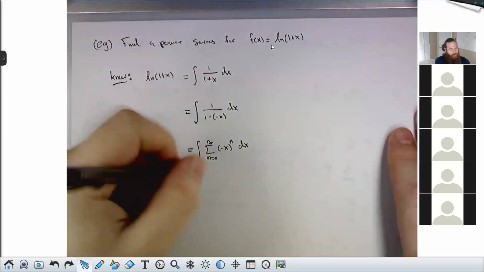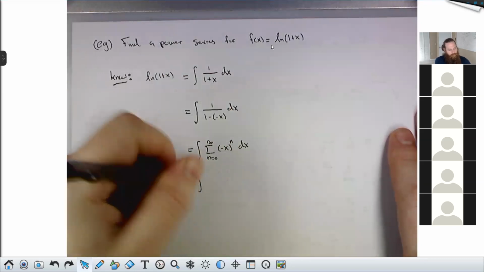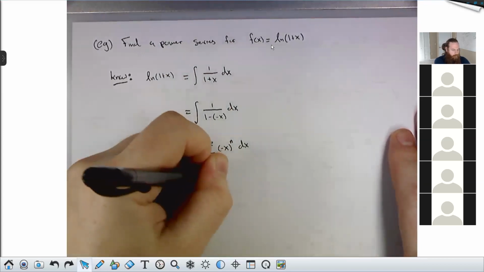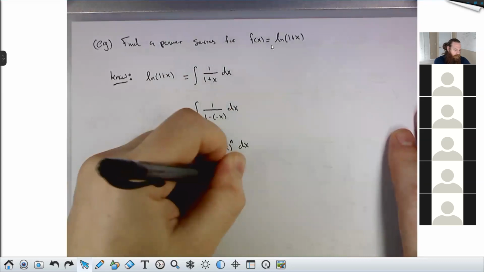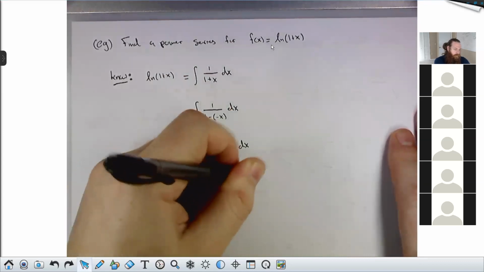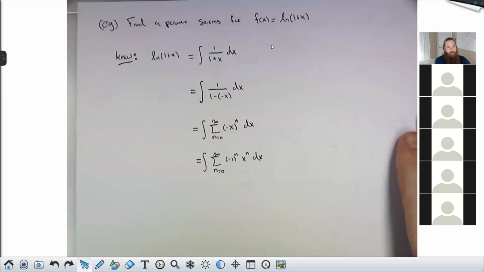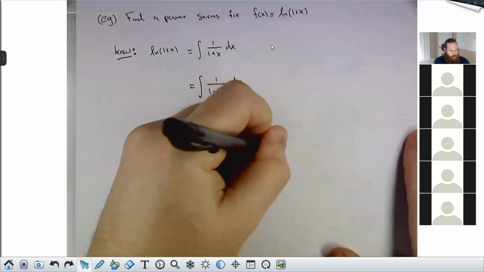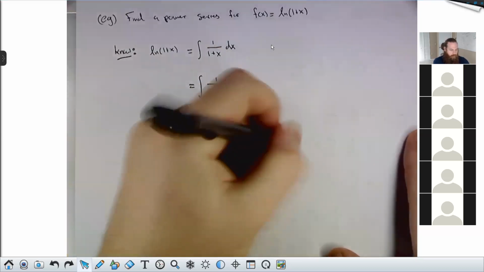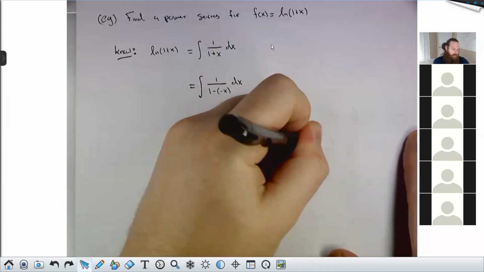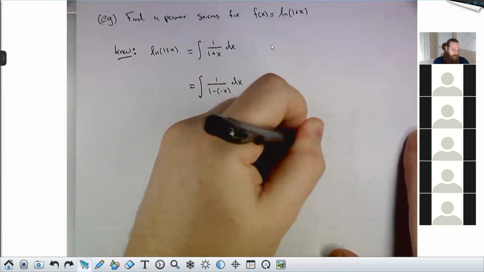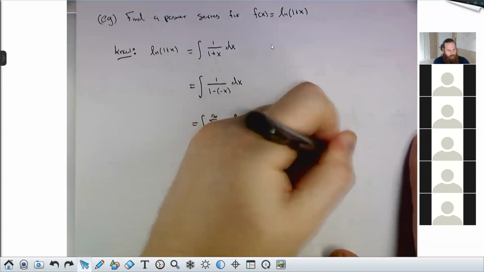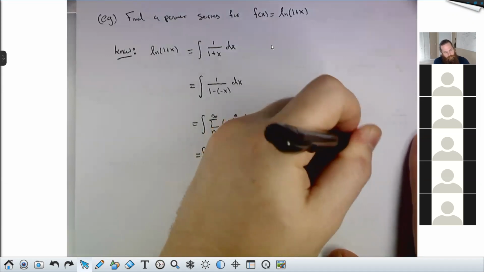And then before I can integrate, I need to simplify the series. That's sigma n from 0 to infinity negative 1 to the n times x to the n dx. And now, according to my integration rule for series, this is going to be c plus sigma n from 0 to infinity negative 1 to the n over n plus 1 times x to the n plus 1.